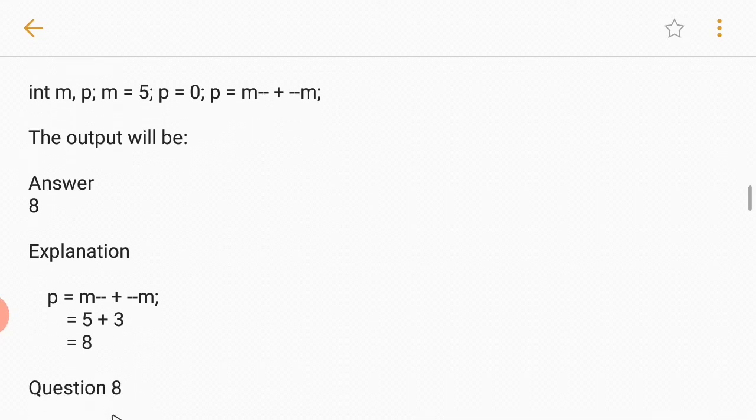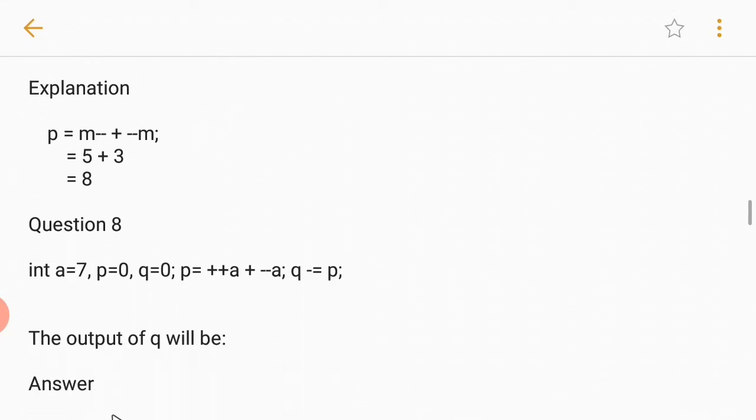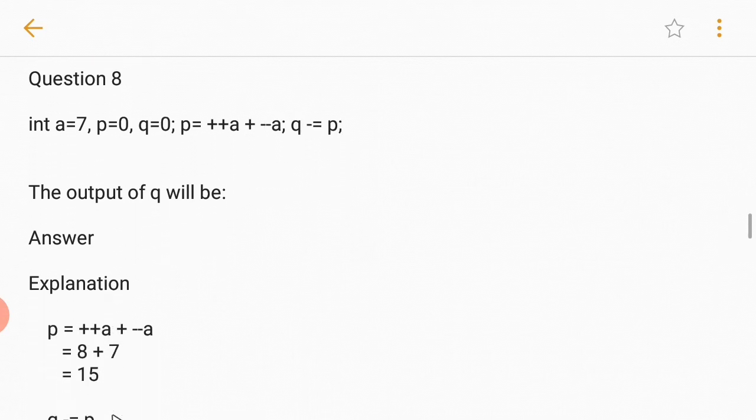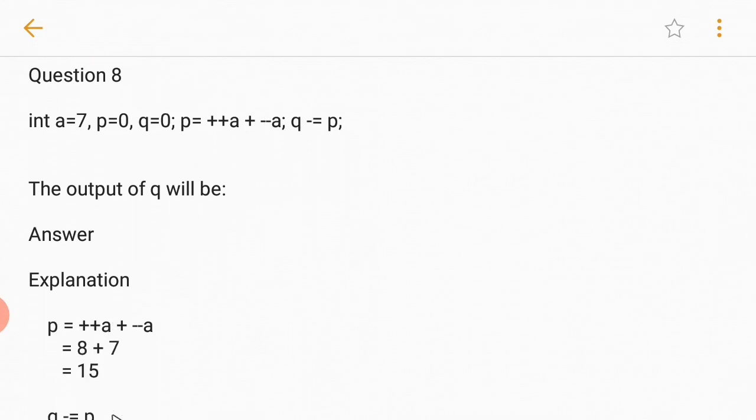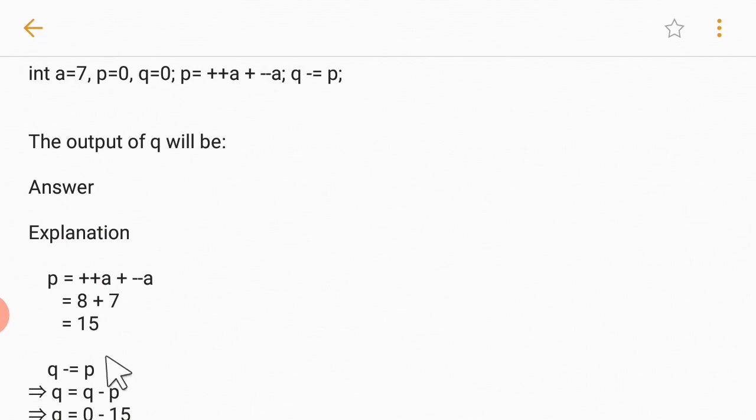Alright. After that, students, we have another question here. A equal to 7, P equal to 0, Q equal to 0. So A, P, Q all are of type int, and these are the values.